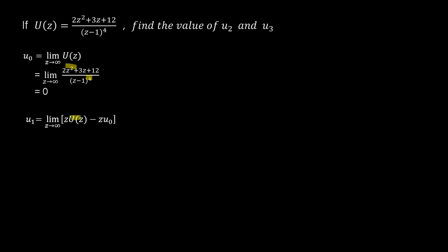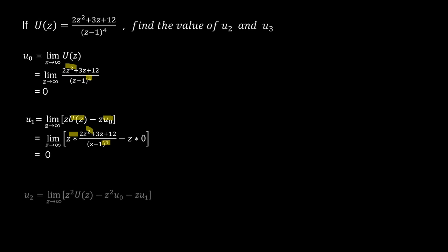Substituting U(z) and u0, you will get u1 as limit z tends to infinity (2 into z cube plus 3 into z square plus 12 into z) divided by (z minus 1) whole to the power 4. Note that the degree of the numerator is less than the degree of the denominator. Therefore, your u1 is also 0.